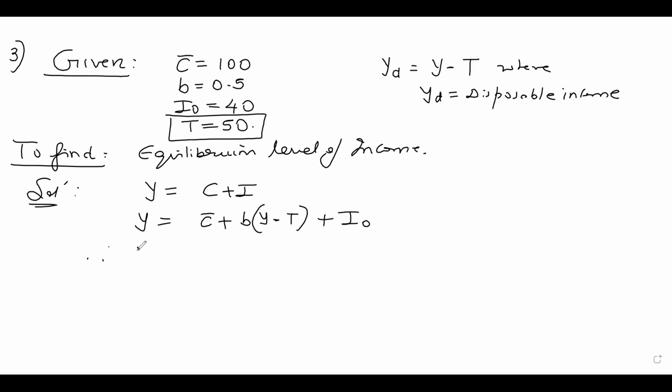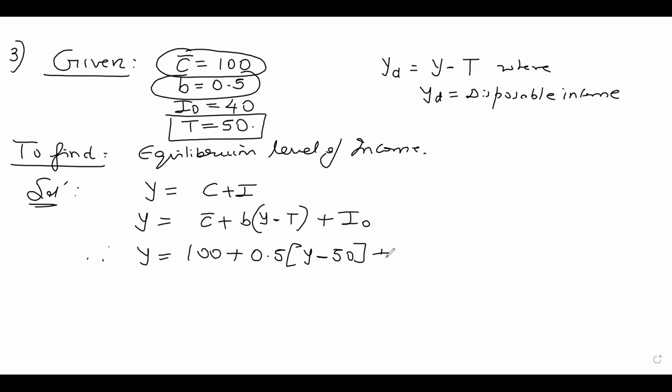So I can write that therefore Y is equal to, how much is C bar? Autonomous consumption is 100, plus B is how much? 0.5 times Y minus capital T, which is 50, plus I0, which is 40.